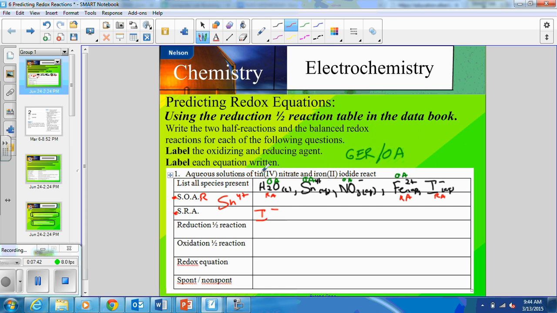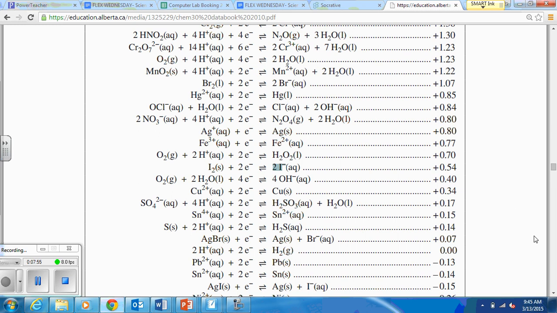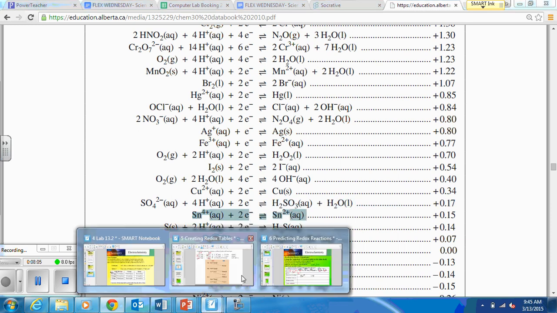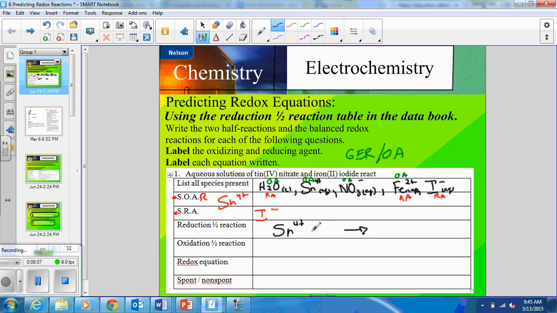So I've got tin 4, and this is a reduction reaction. If we look up tin 4 on our chart here, there's tin 2. So if we go a little higher, we should see tin 4. So tin 4 is going to gain 2 electrons to become the tin 2 ion. So this is our reduction half reaction.